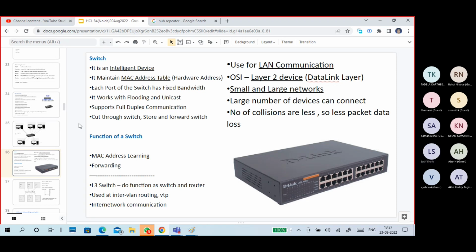We use these layer 3 switches mainly for inter-VLAN routing, VTP kind of stuff, and for internet communications. If you need both router functions as well as switch functions, then we use layer 3 switches. But a switch is layer 2.